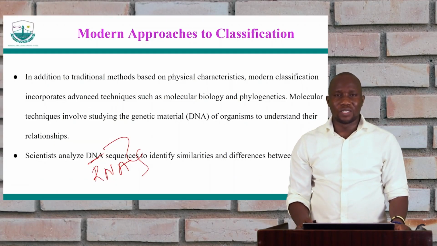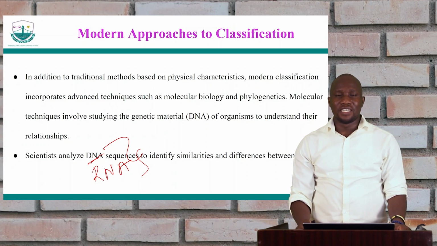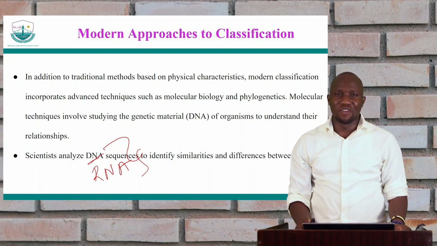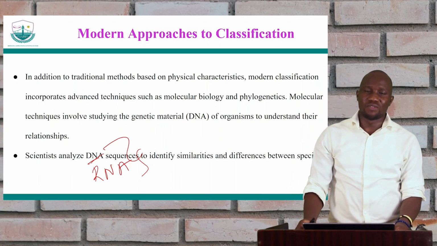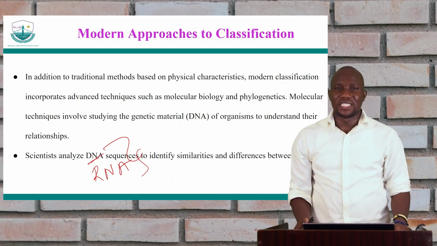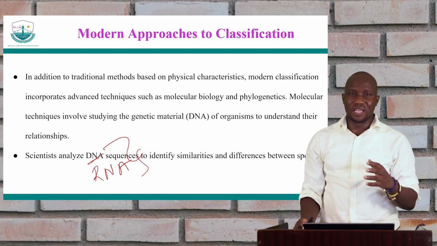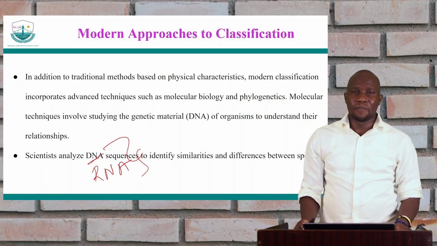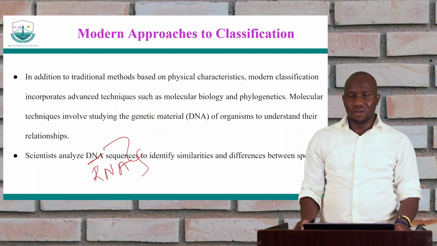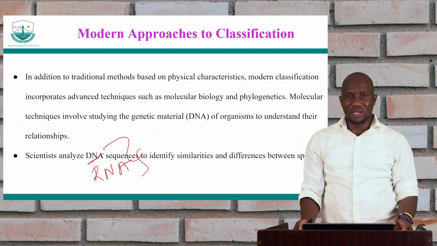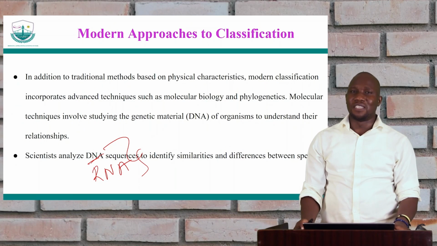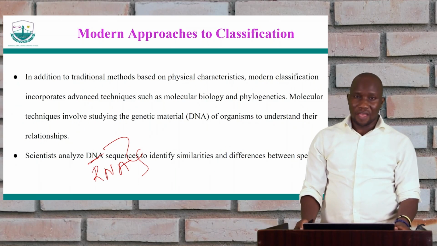Thank you for listening to this presentation where we have looked at classification. We say that organisms are very many and we need to place them into different groups based on their characteristics or differences. We do this to promote order, so that we don't create confusion, so that what we call an elephant in one place remains an elephant throughout.